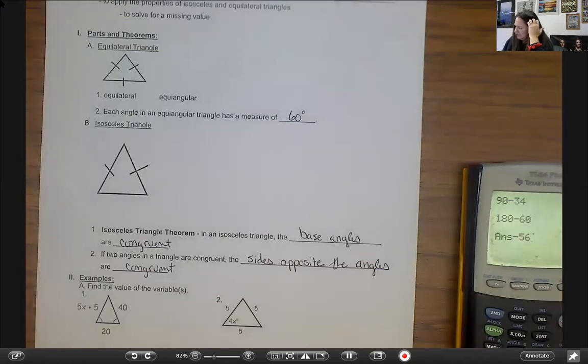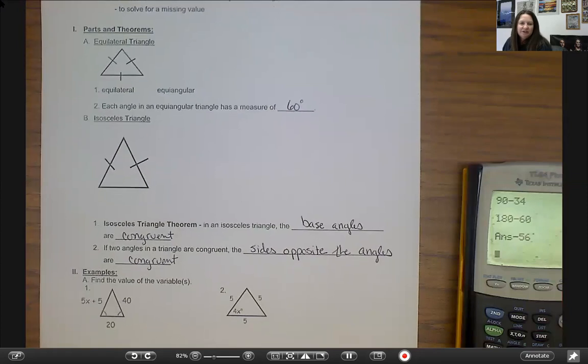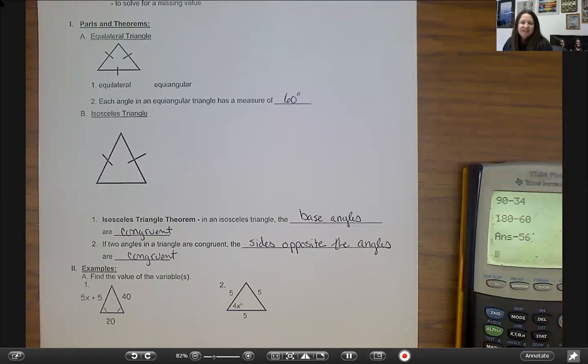All right, now we're going to take our solving process just a step further and specifically focus on equilateral and isosceles triangles. We have a couple of theorems that go with this, but there's a couple of things that we should recognize.